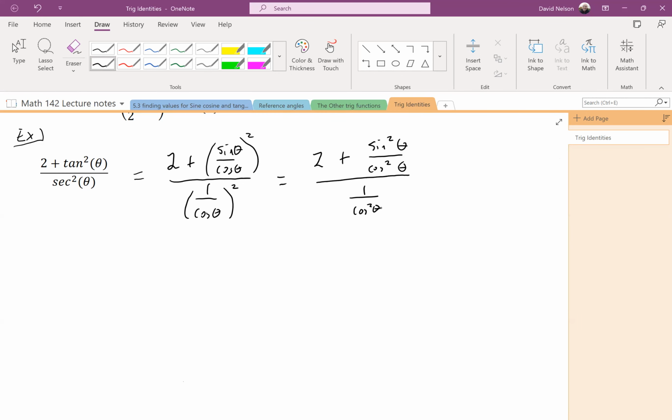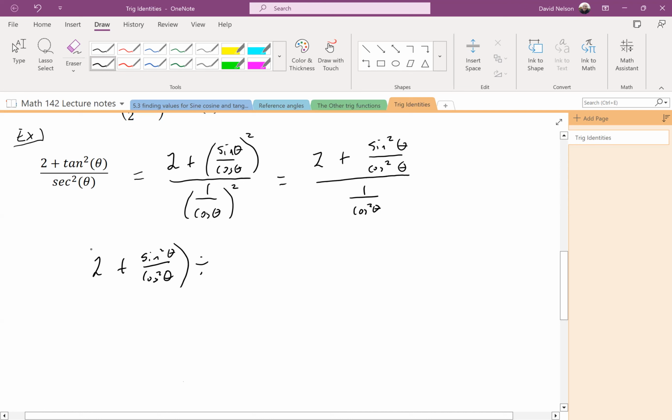Okay, we want to clean up this fraction a little bit. We've got some things that are pretty messy. Let's do it as a division. Let's say that that's 2 plus sine squared theta over cosine squared theta. I've got a complex fraction in there.